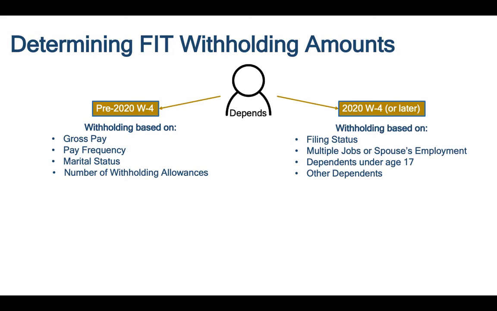In the 2020 and newer W-4s, withholding is based on filing status, whether there are multiple jobs or spouse's employment, dependents under the age of 17, and other dependents that are not under the age of 17.